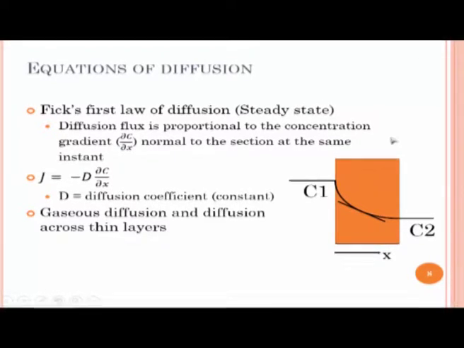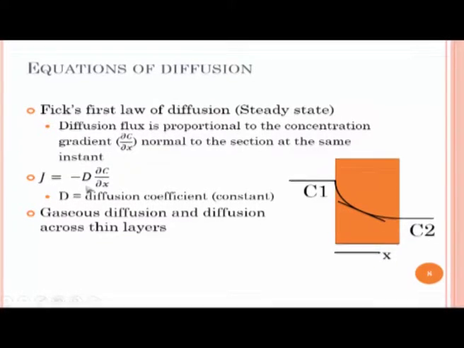So in the schematic, if you see the concentration outside is C1, inside is C2, then there will be a flow from C1 to C2, okay, and you take the slope of that, that is basically dou C by dou X. That is related to the flow through this constant called the diffusion coefficient D, okay.